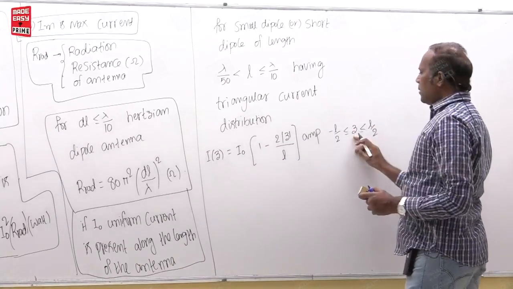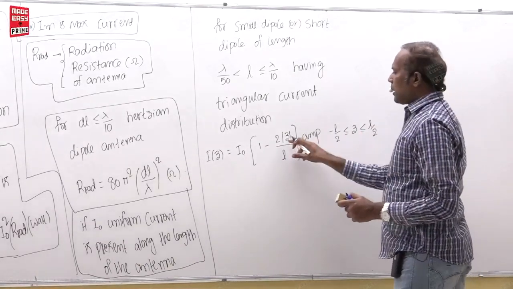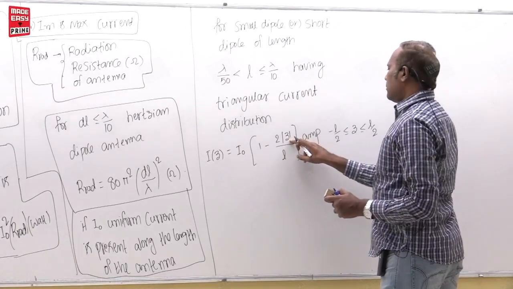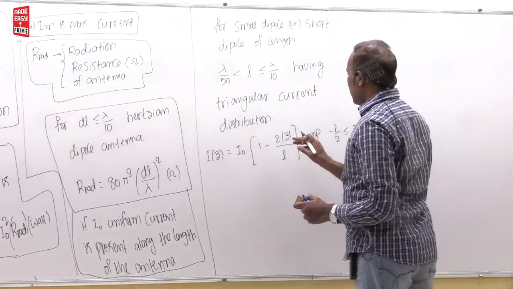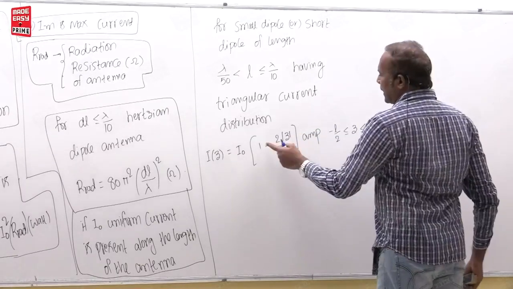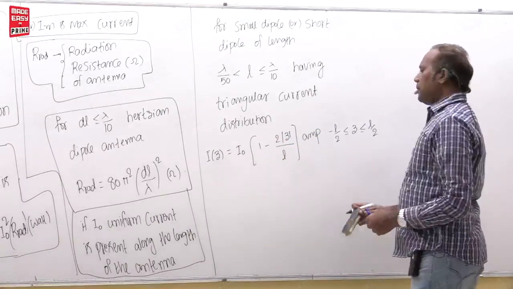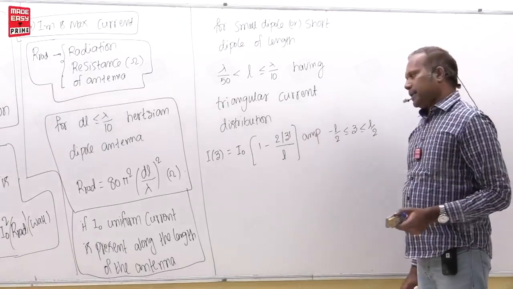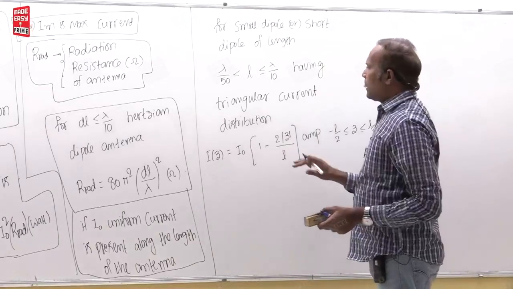That means from 0 to minus L by 2, mod z is to be replaced with minus z, so that it becomes minus into minus plus, and for this distance it is replaced with plus. So anyway, no need to remember this one.